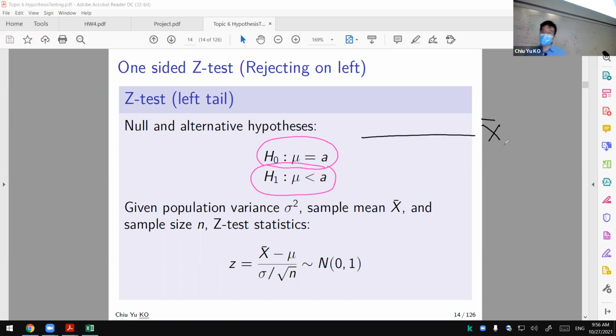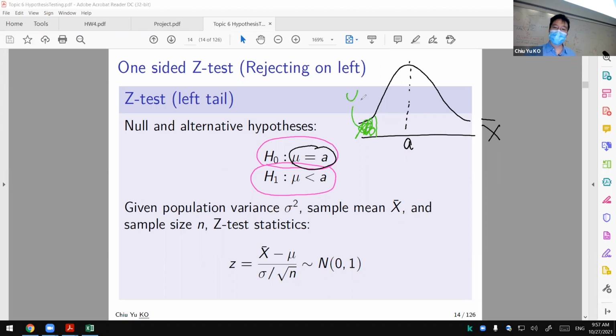X bar under the central limit theorem, this is what you see, right? Where is the center? Under this H null, the center is at A. And as I said, we only worry about it being too small, so you just worry about this area. If this is small, it's called the rejection region, right?